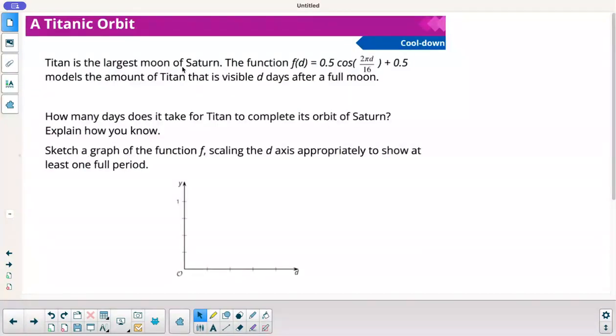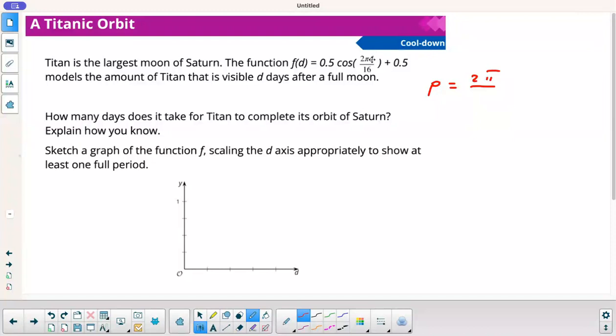Titan is the largest moon of Saturn. They give us this function. It models the amount of Titan that is visible d days after a full moon. How many days does it take for Titan to complete its orbit of Saturn? Explain how you know. So we need to find the period, because a period is a full cycle. So my period is equal to 2 pi over b.